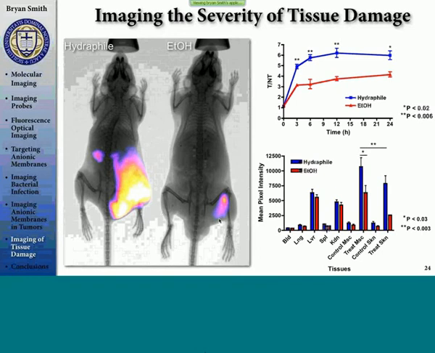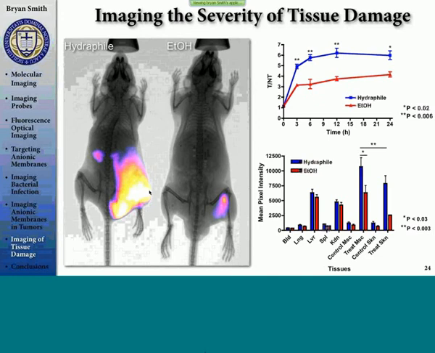And then, using the target to non-target ratio, we showed that with the hydrophile, we have the highest target to non-target ratio, around 12 hours, which is a little bit over 6, and this is significantly higher than that of ethanol at 12 hours, which is around 3.5.